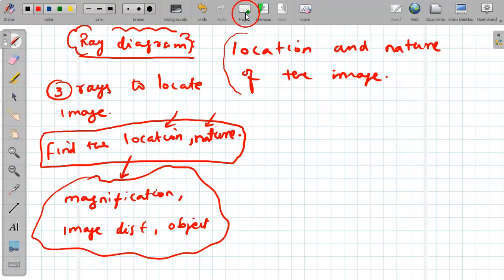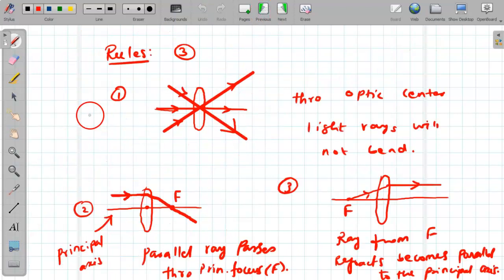Okay, so we can start to draw the ray diagram. I told you three rays to locate the image, or two rays. Two rays is enough. If you follow the first two rules, you can get the image of an object.